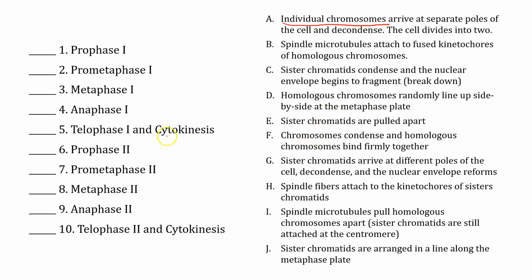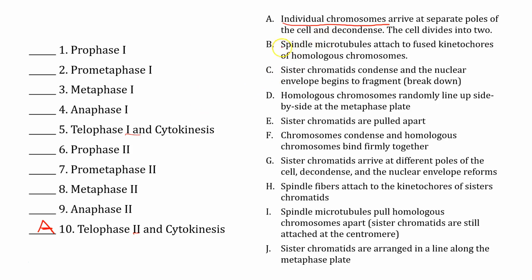Then we just have to figure out if it's telophase 1 or telophase 2. Because it's individual chromosomes, that's telophase 2. If it was telophase 1, what would be pulled apart to different ends of the cell would be duplicated chromosomes, or another way to say it, sister chromatids.